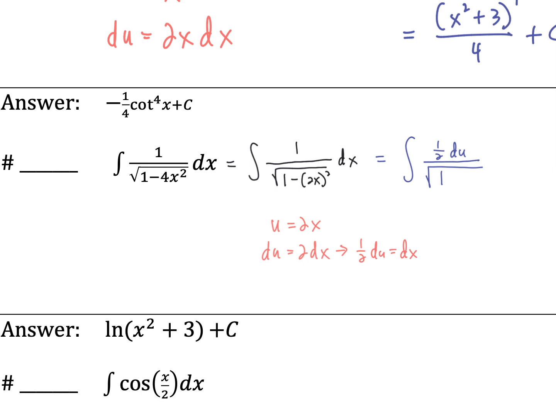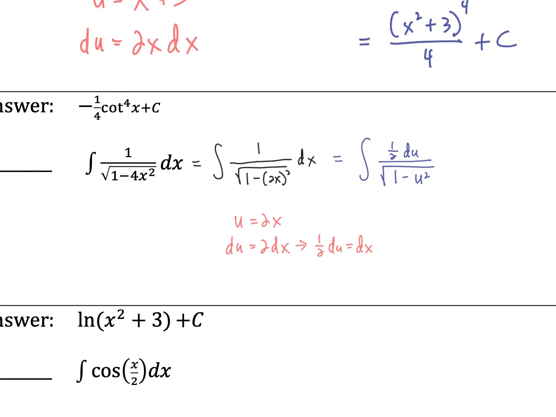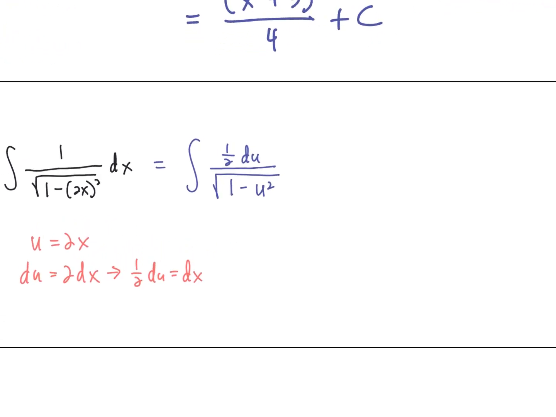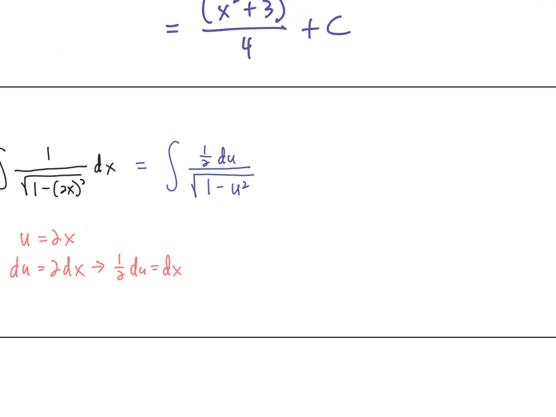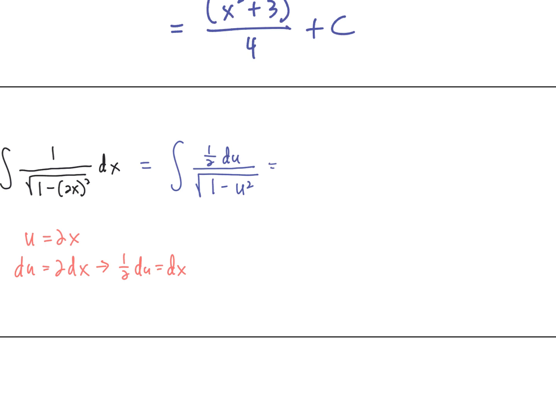Okay, and then the bottom, 1 minus the 2x here, we said is u, so we'll replace that 2x with u to make this just 1 minus u squared. Okay, so I'm going to pull that 1/2 out first. But with practice, it doesn't matter. You can just do it all at once.